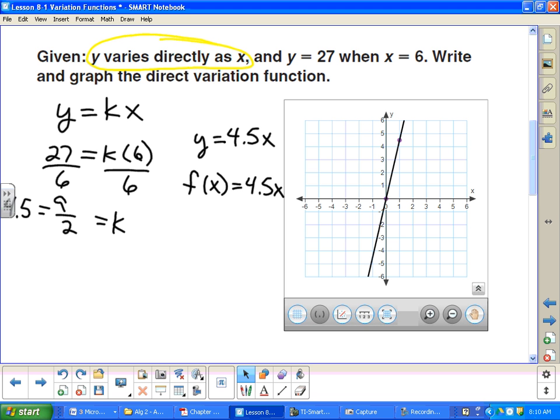So for a direct variation function, we need to know the value of k so we can write the function. The function rule is y equals 4.5x. And then to graph it, we just have a nice straight line through the origin with a slope of 4.5 in this case. And with direct variation, the slope, or the constant of variation k, can be positive or negative. It can be both.